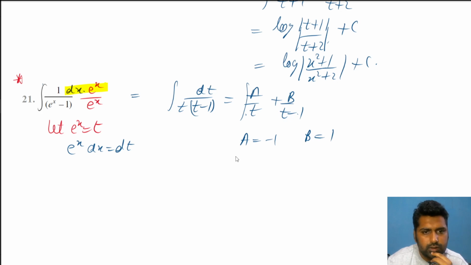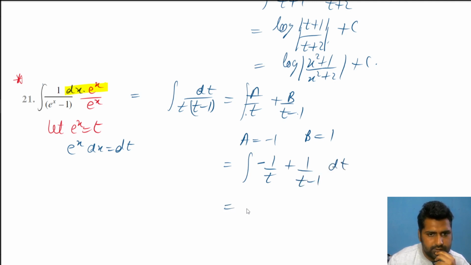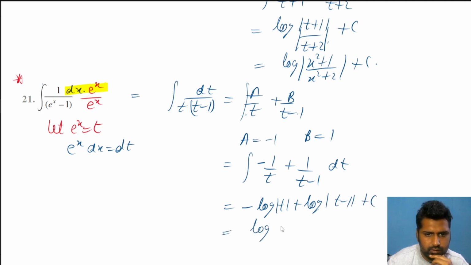This will work. So this becomes integration minus 1 by t plus 1 upon t minus 1 dt. So this is minus log mod t plus log mod t minus 1 plus c. So it becomes log t minus 1 upon t mod plus c.